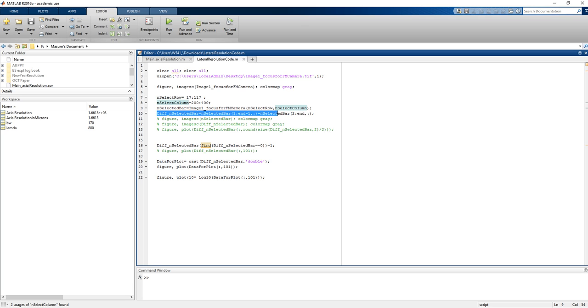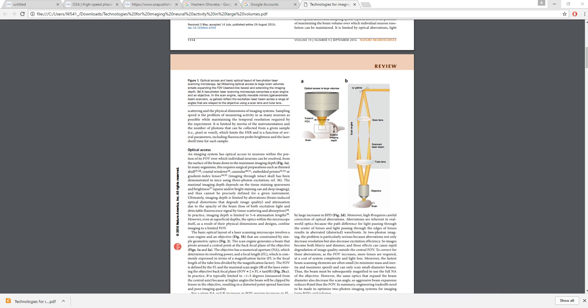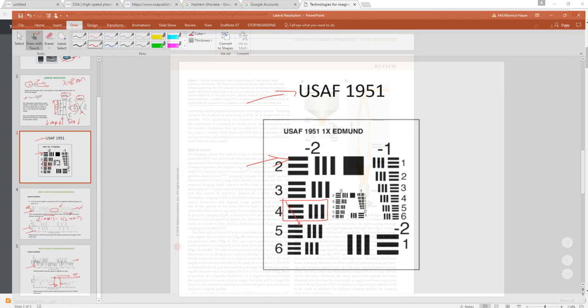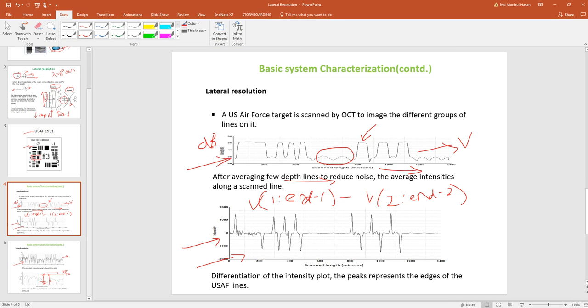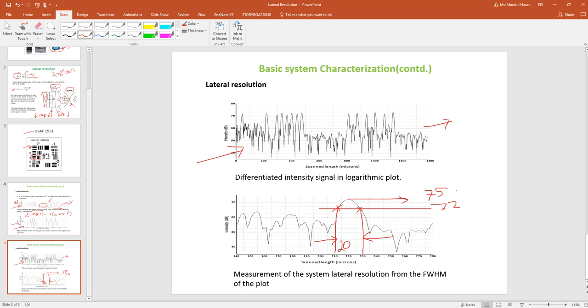Then you can do all the other steps and move forward, and finally you will find the lateral resolution. Whatever value you find is the lateral resolution of that system.